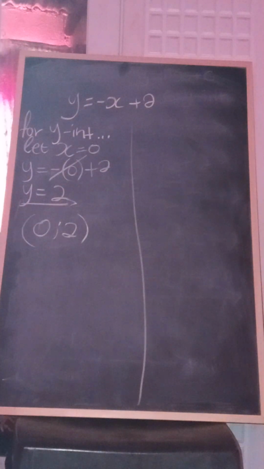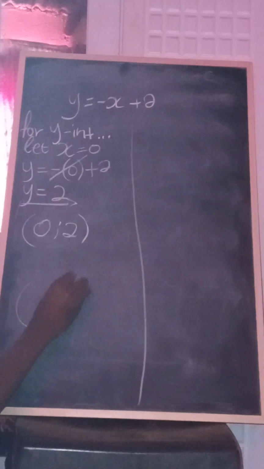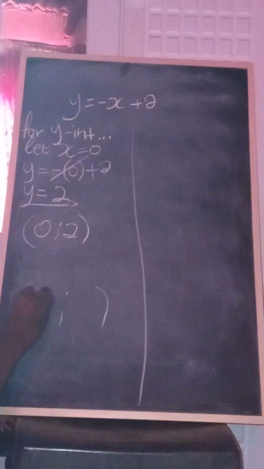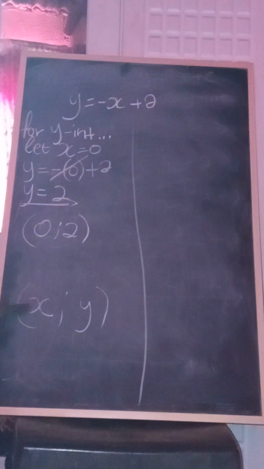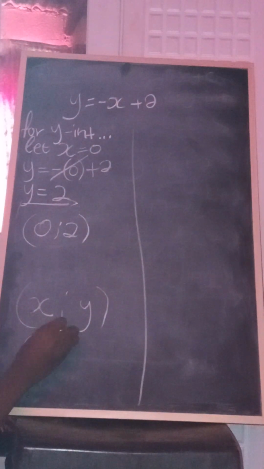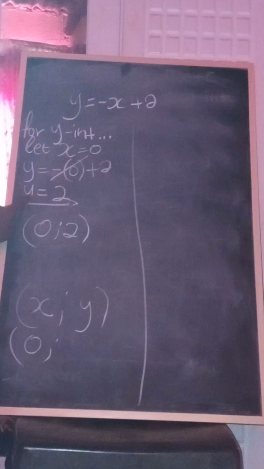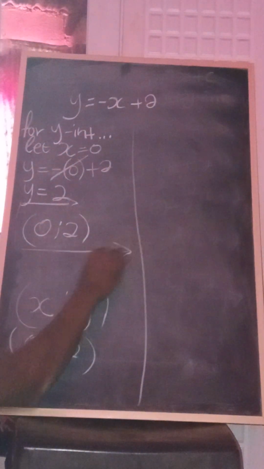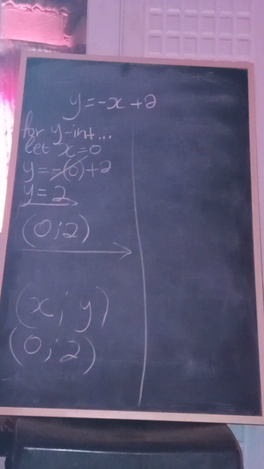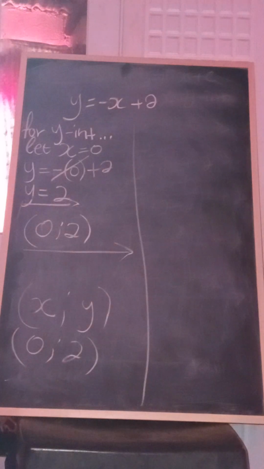Because this side is the x-axis and this side is the y-axis, remember we said let x be 0, right? And we found that y is what? Is 2. That's why we found this answer. So now let's do it for the x-intercept and find the value of x.